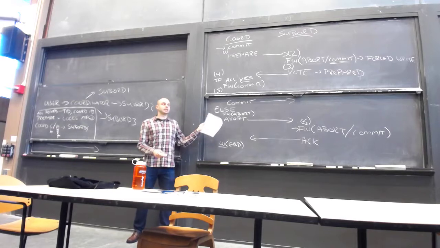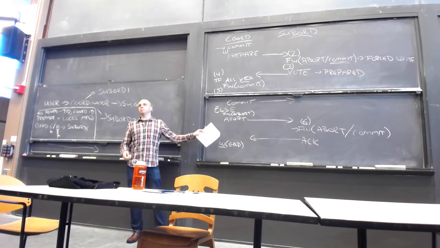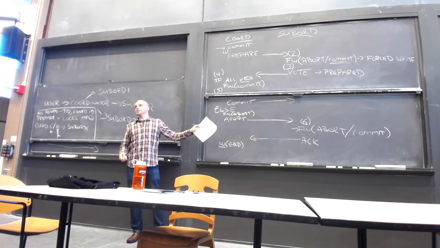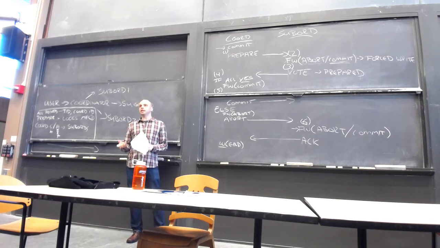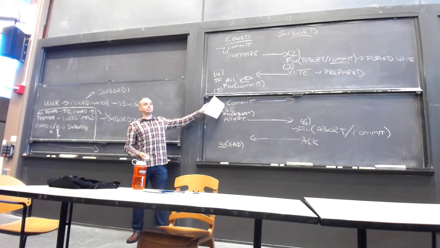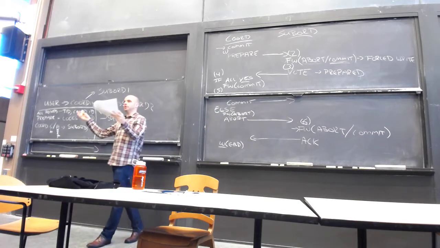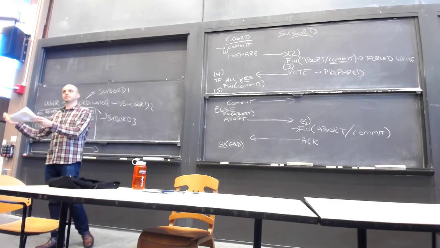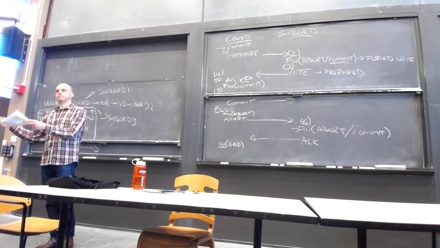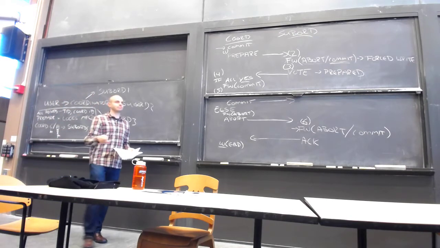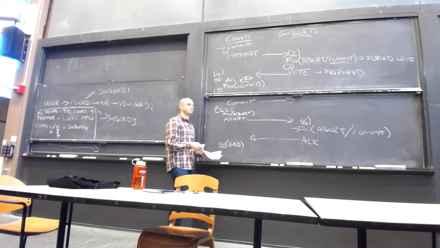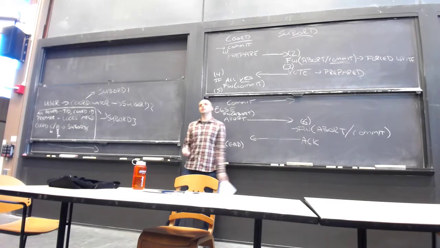So if the coordinator at this point in time has told everyone to commit, does it need to retain the state of that transaction? When I tell all of my subordinates to commit, and I forget about it, I still need to stick around in case a subordinate crashes. Yes, just what we just talked about.